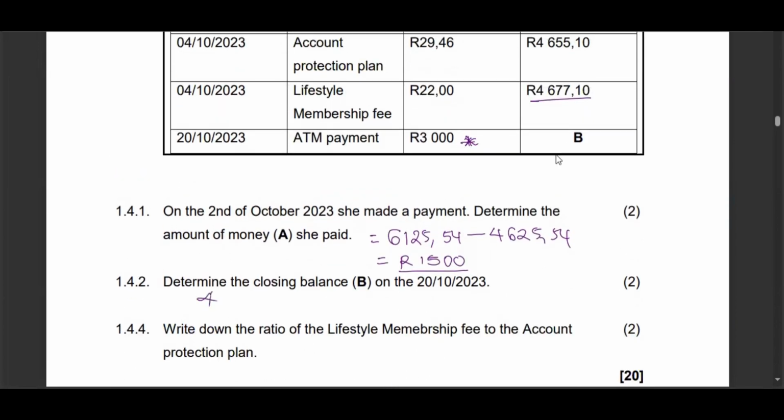The balance was 4,677 rands 10 cents minus the money he paid, which is 3,000. So this became 1,677 rands 10 cents. So this is the closing balance B.